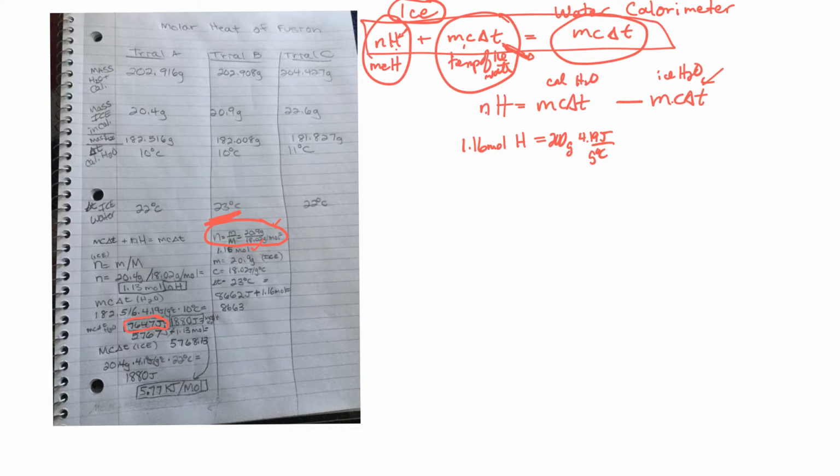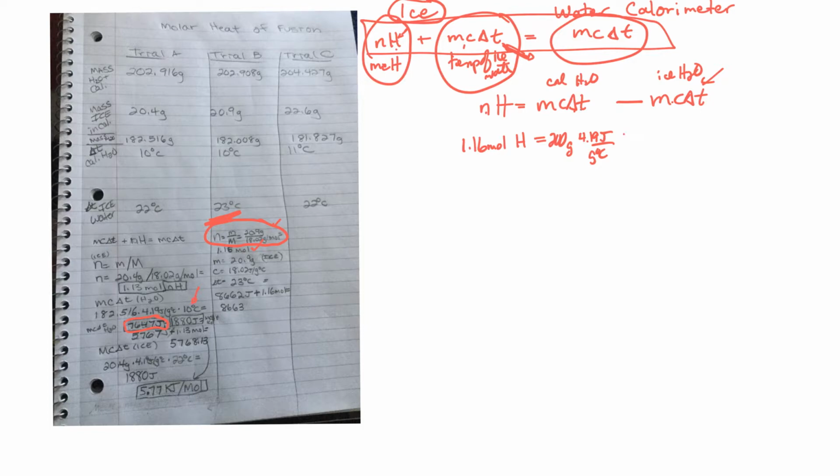Anyway, it's a change in temperature, so whatever the calorimeter water started at, I thought it was supposed to start at 30 or something like that, and then subtract whatever it ends at, which was 23. Maybe that number 10 or 11, where's that number? Maybe that was the number that should be there.